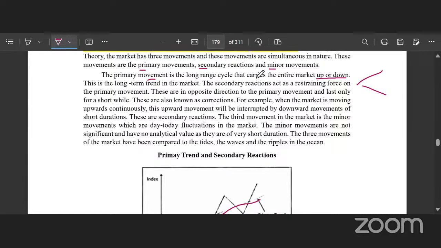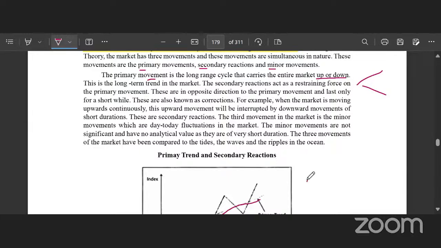The secondary reactions act as a restraining force on the primary movement. The primary is either up or down.